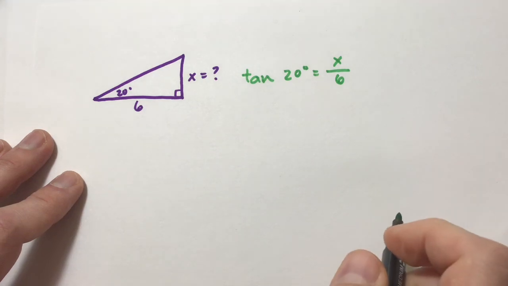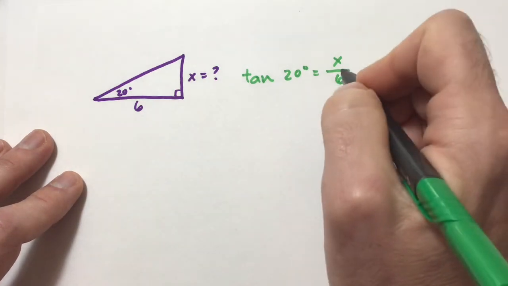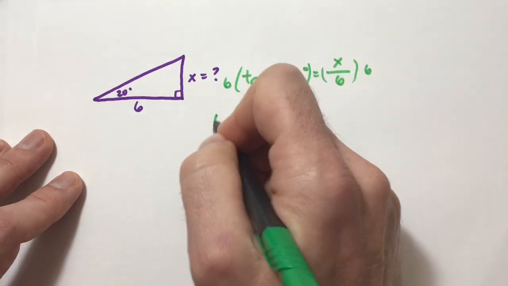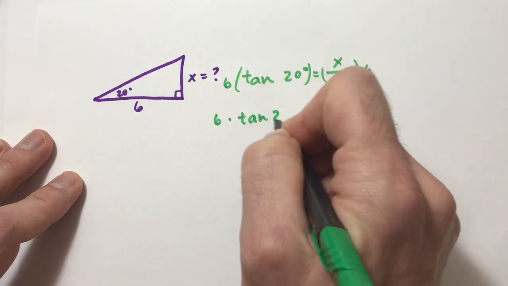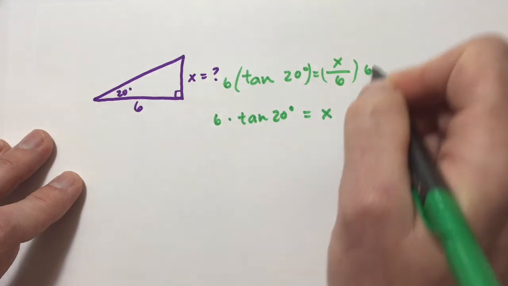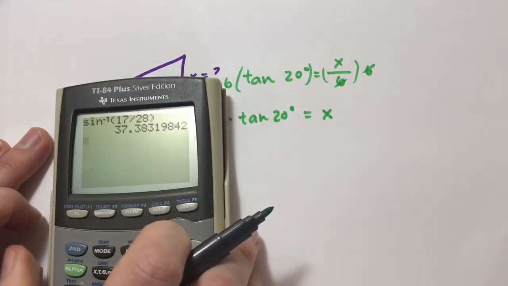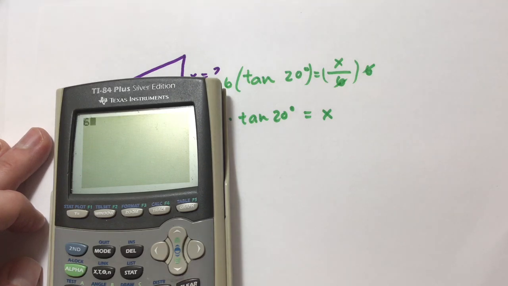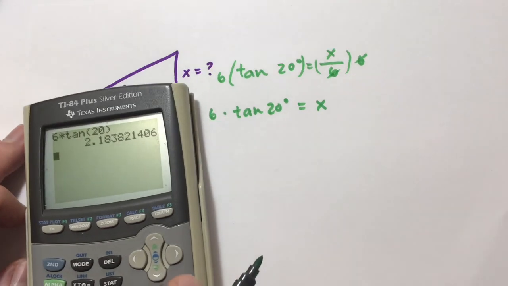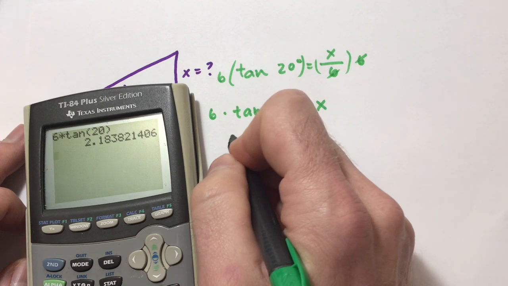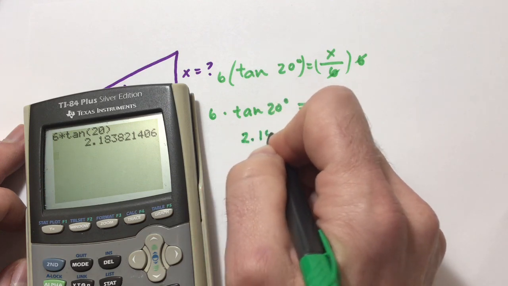And I'm trying to find x. Well, to get x by itself, I multiply both sides by 6. So 6 times the tangent of 20 degrees is equal to x. And I can use my calculator to say 6 times the tangent of 20. Again, it's important that I'm in degree mode. And I get x is about 2.18.